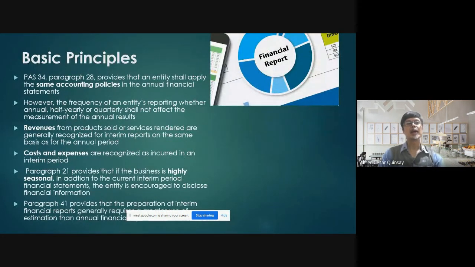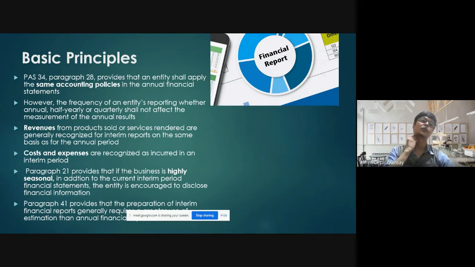Yeah. So PAS 34, paragraph 28 provides that an entity shall apply the same accounting policies in the annual statement. So, kung ano rin yung ginagawang accounting policy, whether it's accrual, no? So, ganun rin yung ginagawa dito sa interim financial statement. However, the frequency of an entity's reporting, whether annual, half-yearly, or quarterly, shall not affect the measurement of the annual results.